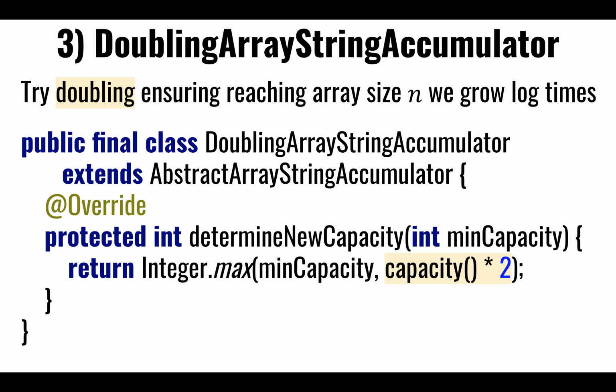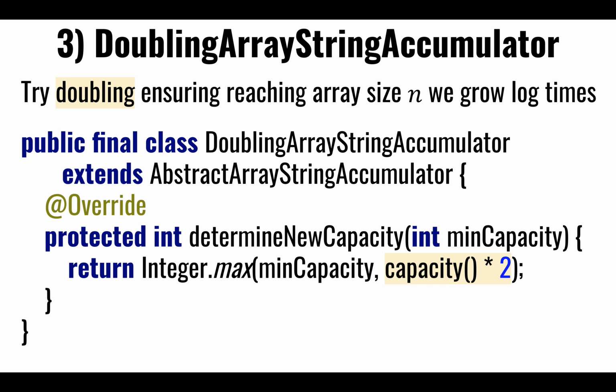In this case, we're asking for twice as much as we currently have, and later when we graph this out in the benchmark, we'll realize that the size we're growing is fast enough to catch up with the filling up of the characters, to compensate for the number of times that we need to throw away the array and copy them over.